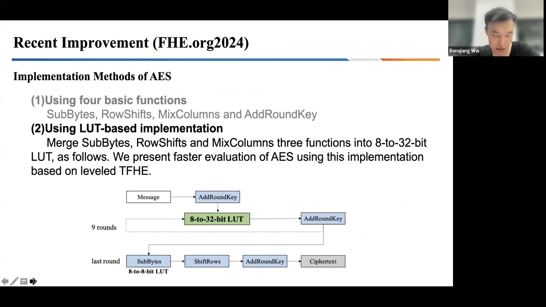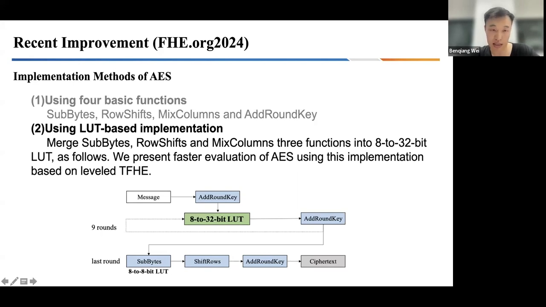So now I have covered the core technique of Fregata, but now I would like to show our recent improvement of this work. We noted that AES algorithms can be implemented in a variety of ways, depending on the implementation environment.